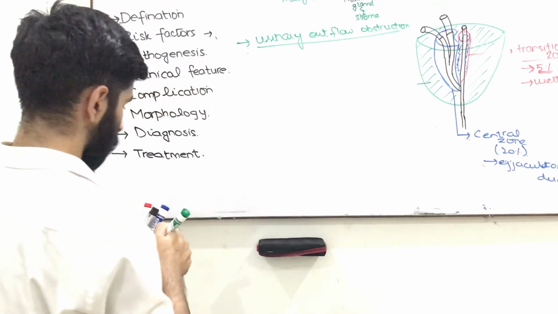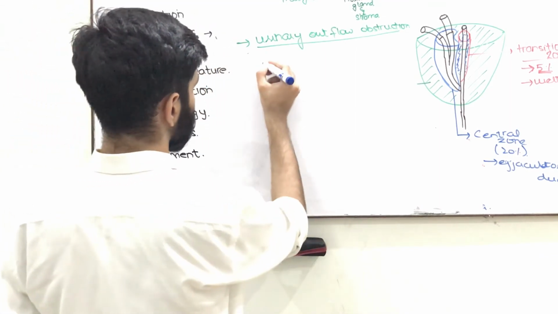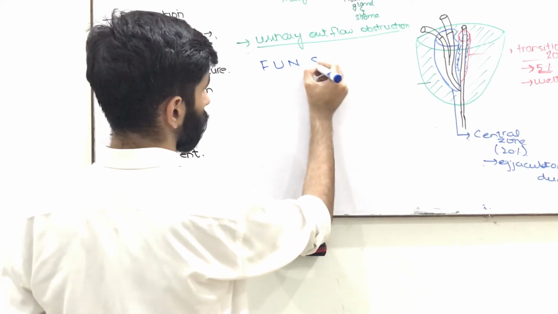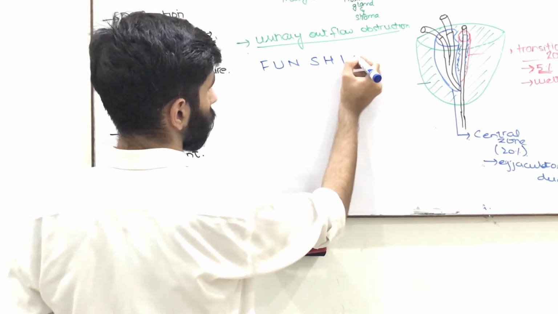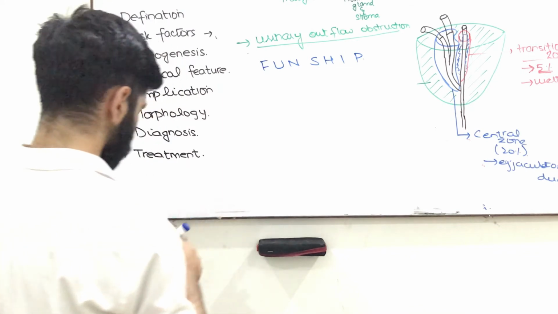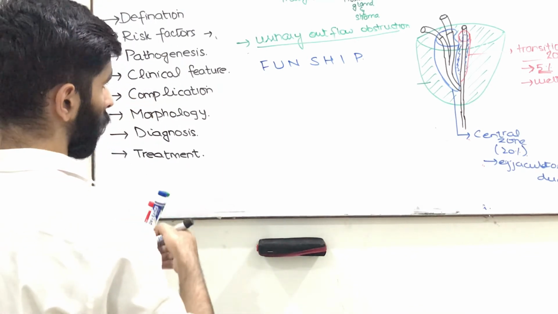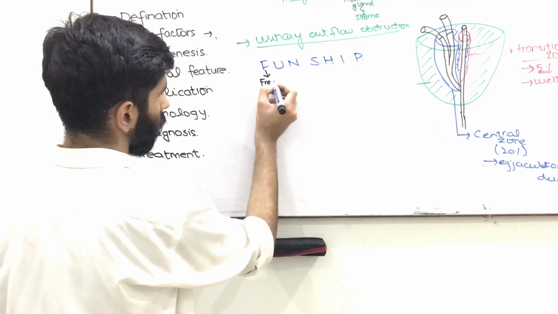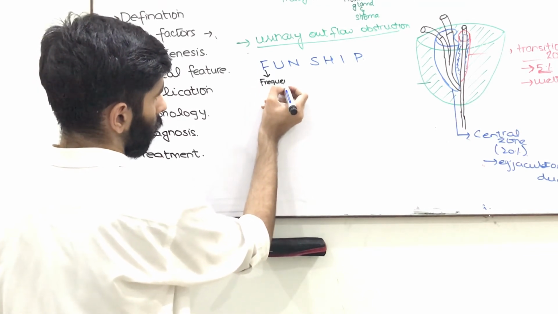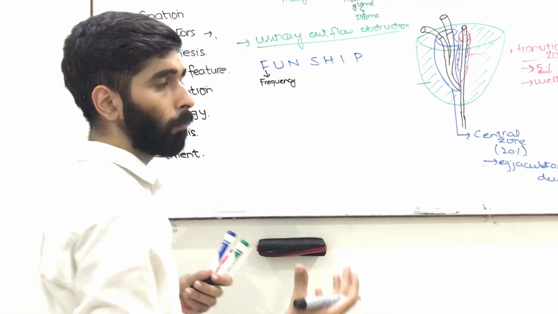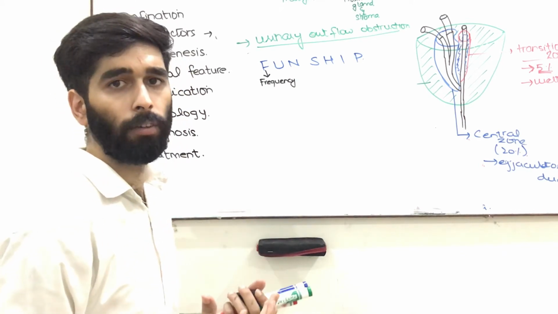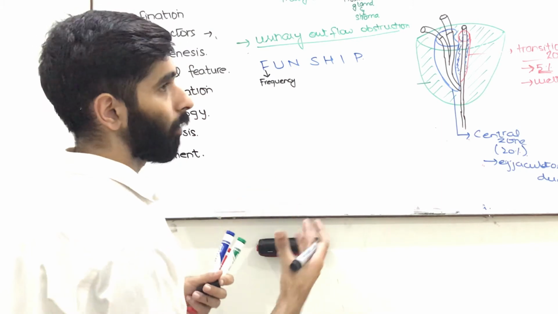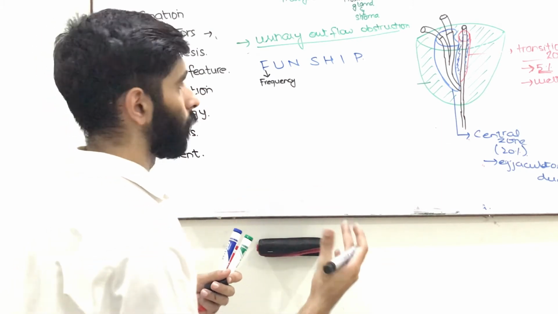How can we remember this? There is frequency, due to incomplete voiding or incomplete urination, with a frequent micturition reflex.